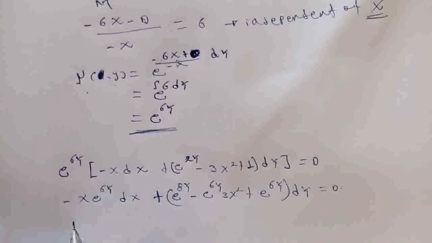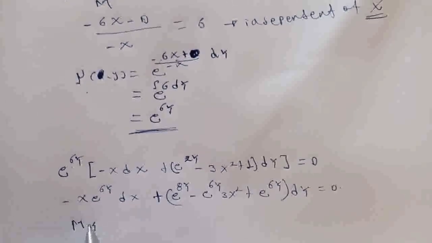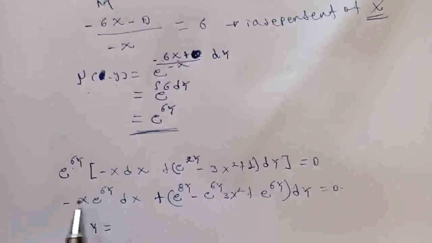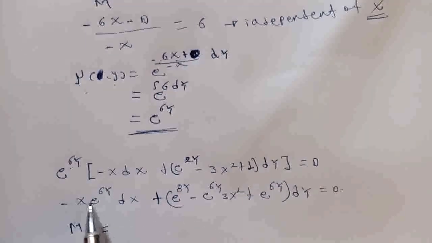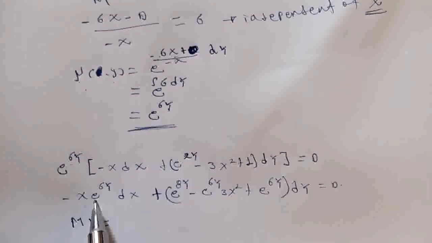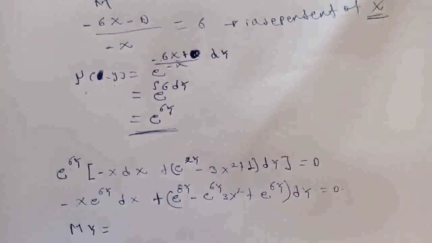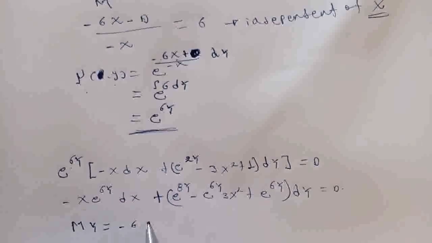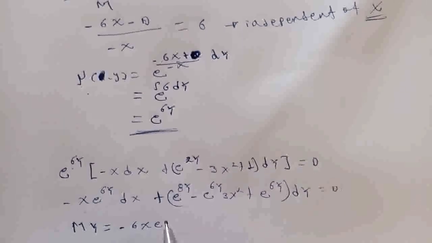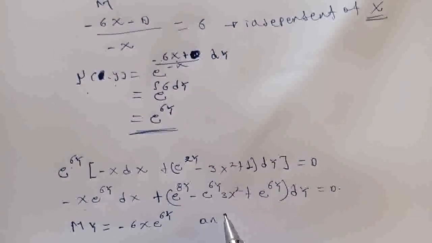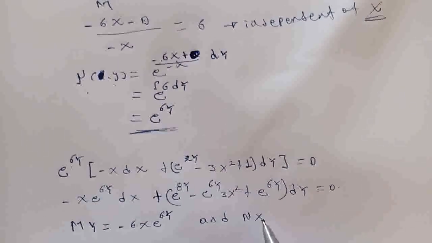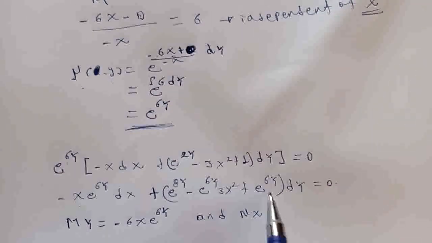Now let us check its exactness, which means M sub y, which is equal to the partial derivative of M of x with respect to y. Actually, this one is 0. This one is negative 6x e to the power of 6y, and N sub x, which is equal to, this is 0, this is 0.